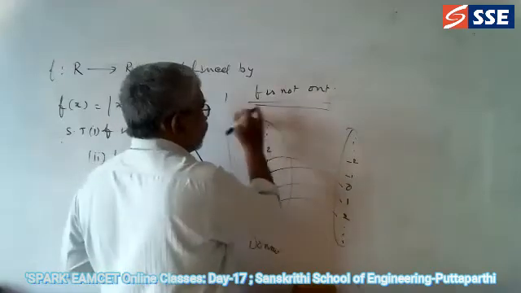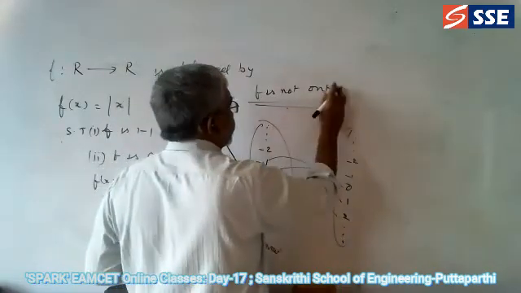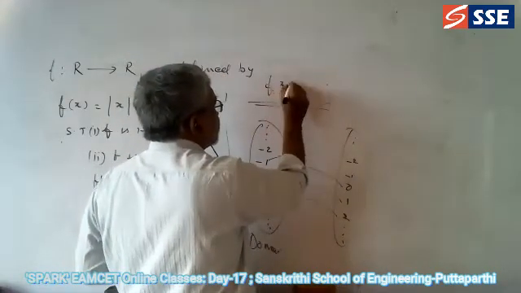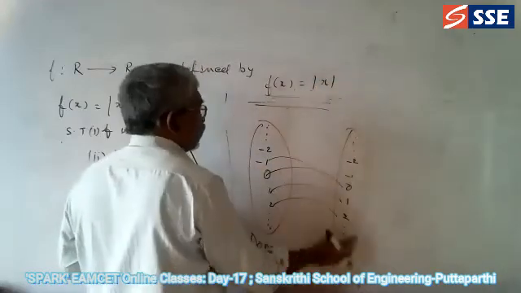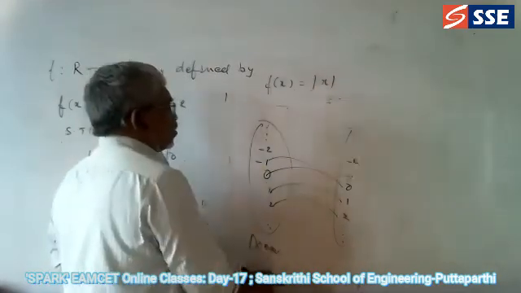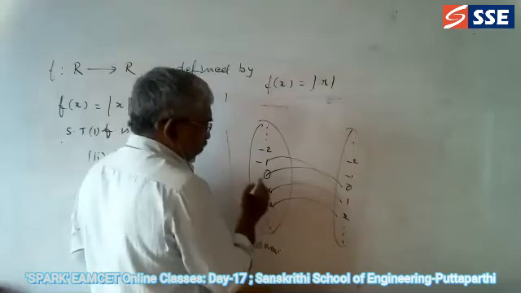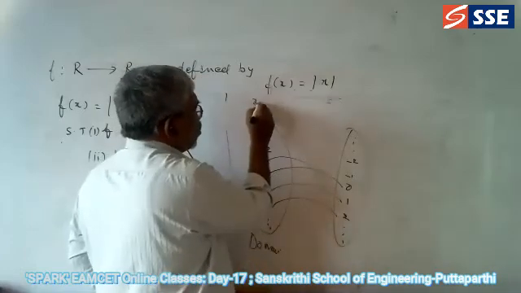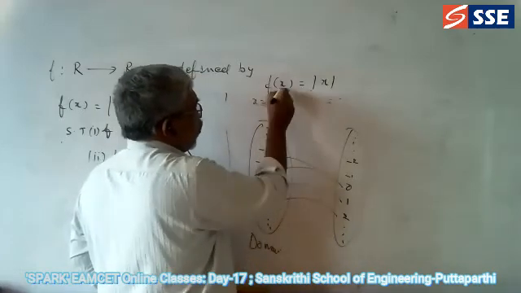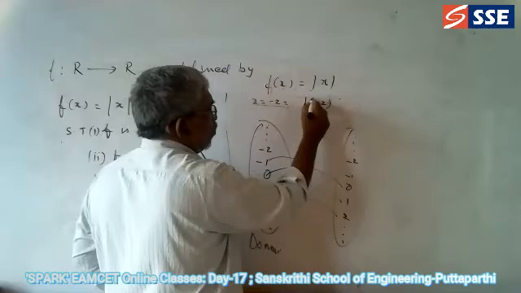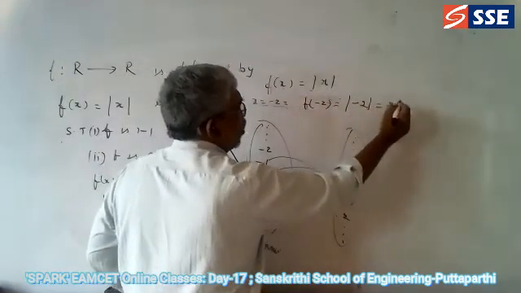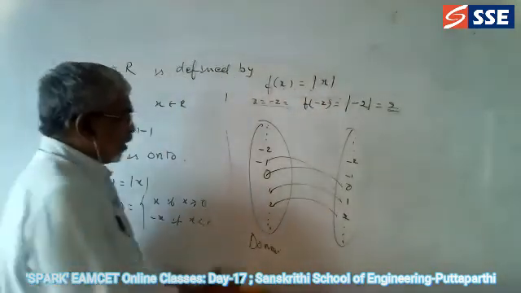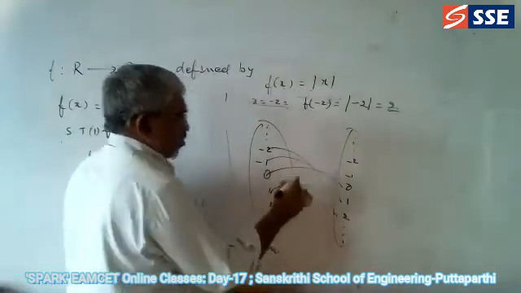What is given? f of x equals modulus of x. This is the function given to you. So f of minus 2 is modulus of minus 2. What is the value? It is 2. So minus 2 also goes to this.